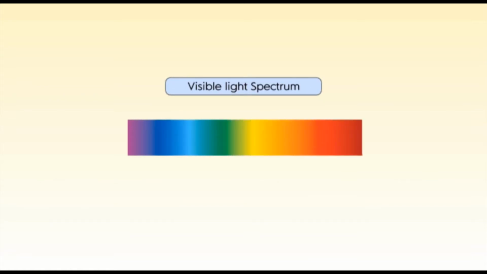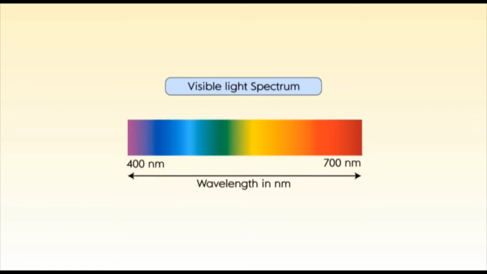Visible light is electromagnetic radiation of wavelengths 400 to 700 nanometers, a small part of the electromagnetic spectrum, ranging from violet to red. The energy of a single photon, which is a quantum of light, is greater at the violet end of the spectrum than at the red end.